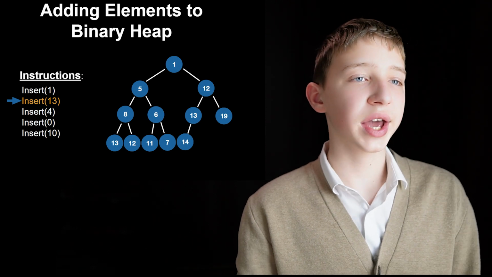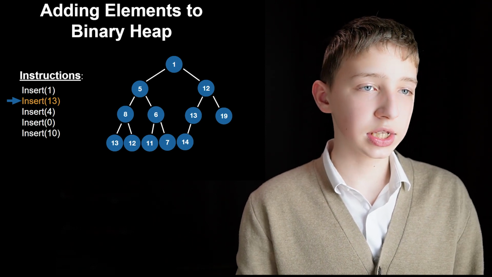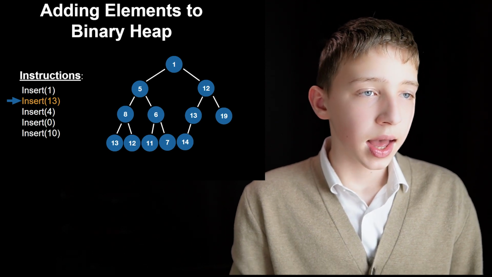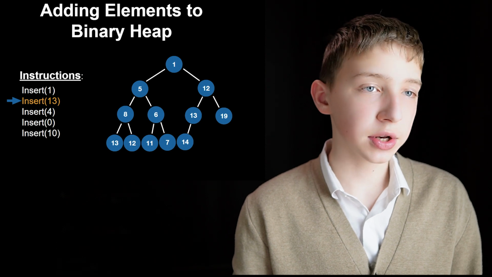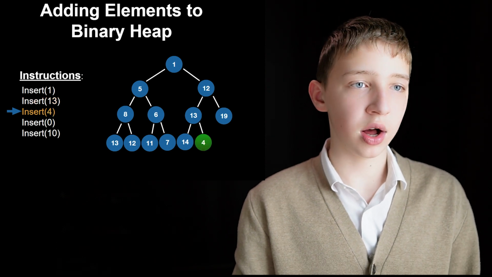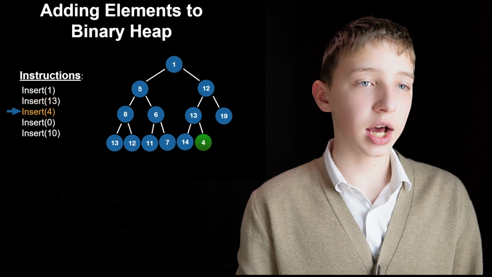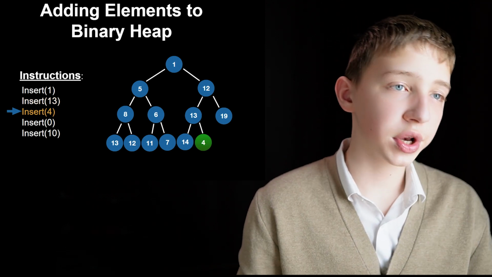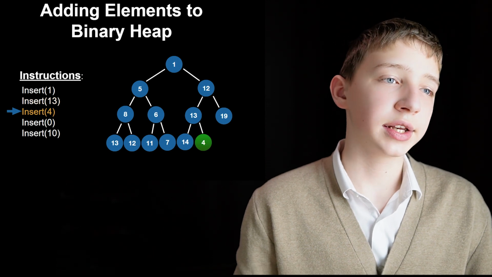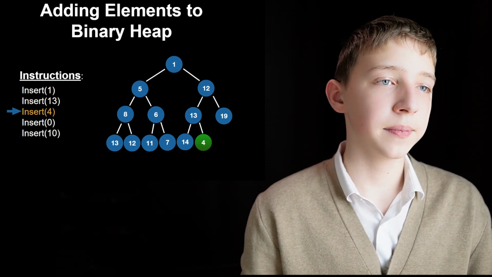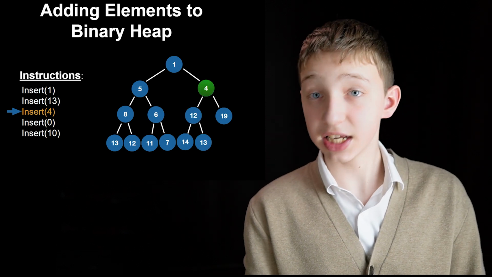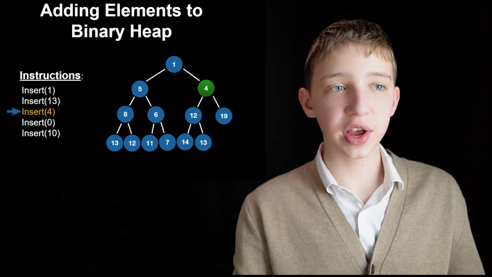Now let's look at where these will end up. 4 goes at the insertion spot left of all the nodes on this layer, and we bubble it up until we can't bubble it up anymore. We stop here because the heap property is now satisfied.